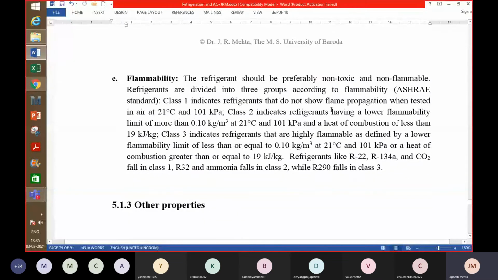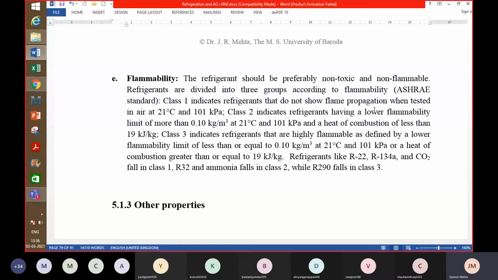Flammability. The refrigerant should preferably be non-toxic and non-flammable. Refrigerants are divided into three groups according to flammability, again from an ASHRAE standard. Class 1 indicates refrigerants that do not show flame propagation when tested in air at 21 degrees Celsius and 101 kilopascal.